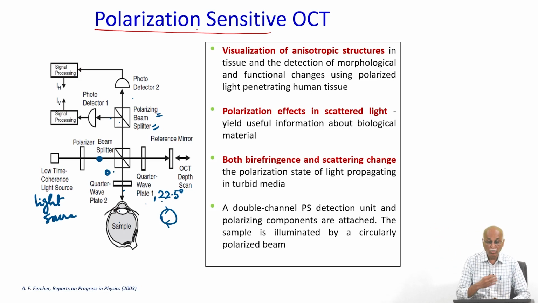In some cases, some of the biological tissues have birefringence characteristics. That means the light propagating through the medium will observe two different refractive indices corresponding to the orientation of that tissue.